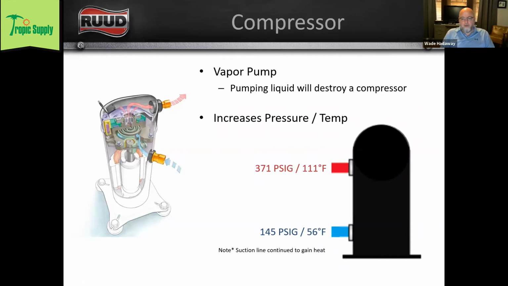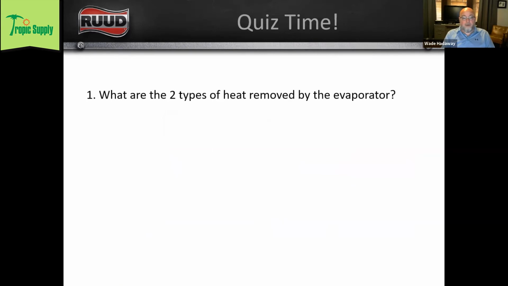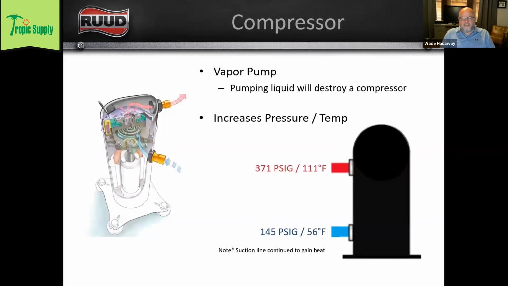And I think I got a typo there. I think that should be 66 degrees Fahrenheit and not 56 degrees Fahrenheit. So I apologize for that. So we had 61 degree refrigerant coming out of our coil, and now we've got 66 degree refrigerant coming into our compressor.